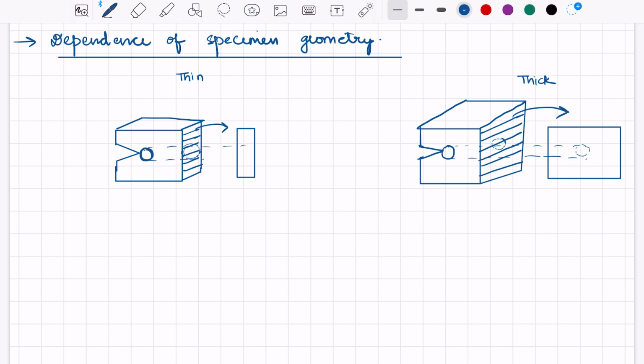So because the plastic zone is present throughout the thickness in the thin plate, the plasticity has initiated throughout the thickness. And because plasticity has initiated, the material will undergo plastic deformation. And during that process, there is elongation in length and decrease in cross-sectional area. That is, the material undergoes necking.